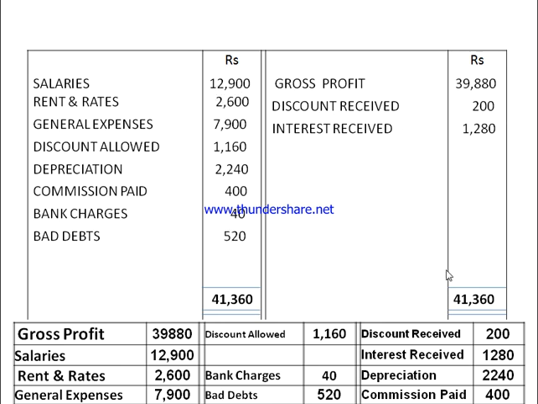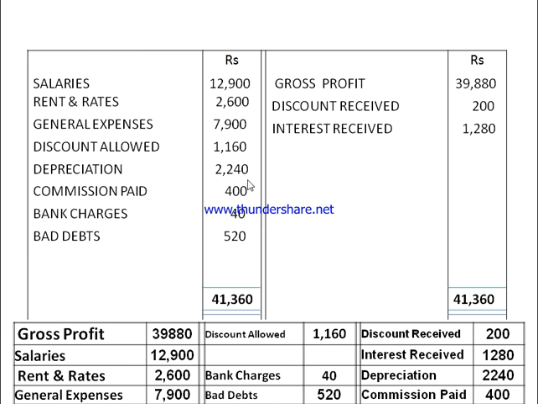How much is this total greater than the expense side? Find out that difference, and in accounting this difference is called balance. The difference between the debit side and credit side of any account is called balance.